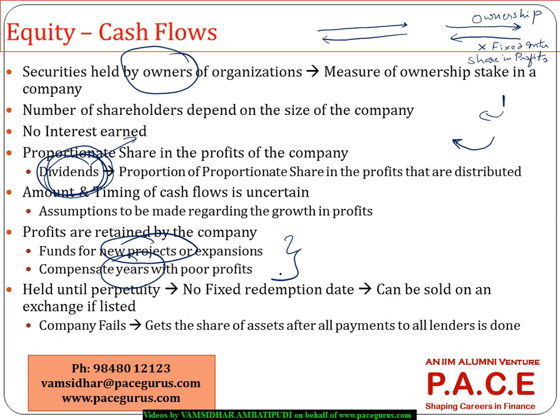And if in a particular year the company did not do well and got into losses, in order not to make any payment to the investors, it retains some of these existing profits, so that even in a bad year some kind of payments can be made to the investors. So that makes the amount as well as timing of the cash flows completely uncertain.